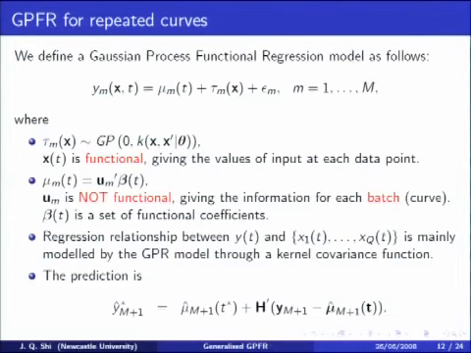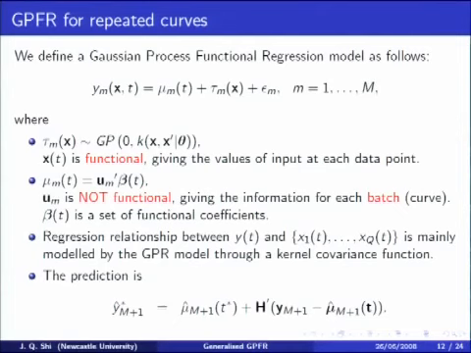Here we say that the regression relationship between yt and x1 to xqt is mainly modeled by this Gaussian process regression model, and then the prediction at a new point. Since in our project our main purpose is to calculate the prediction, the prediction includes two parts.